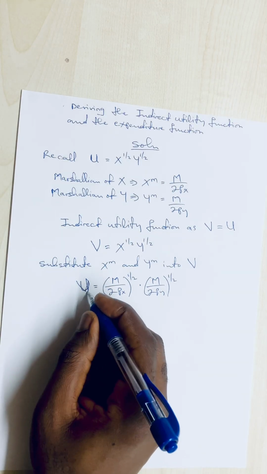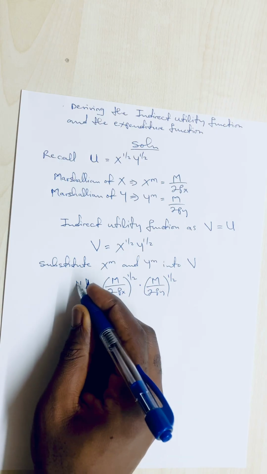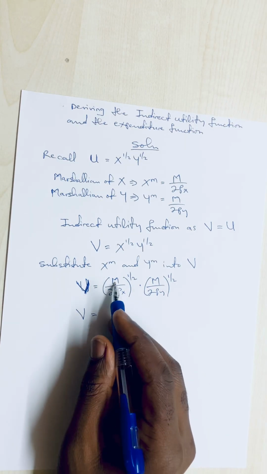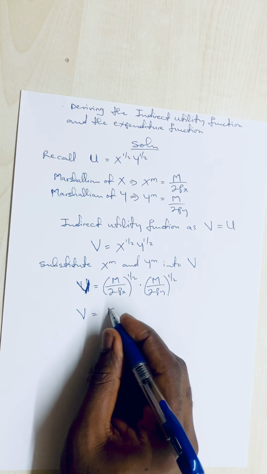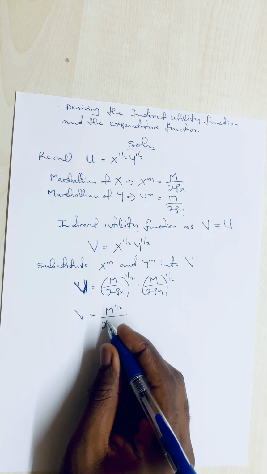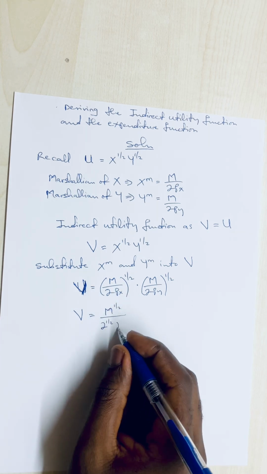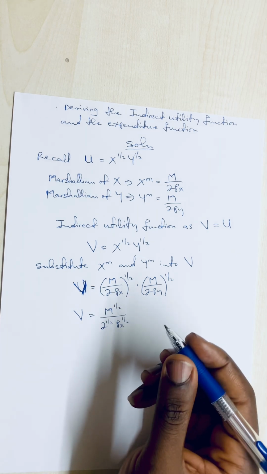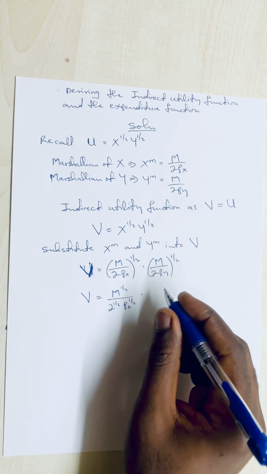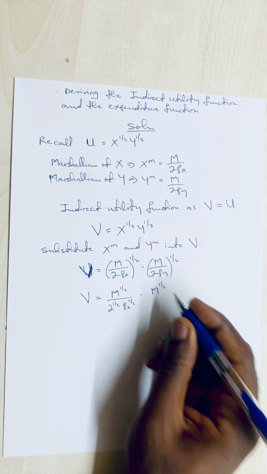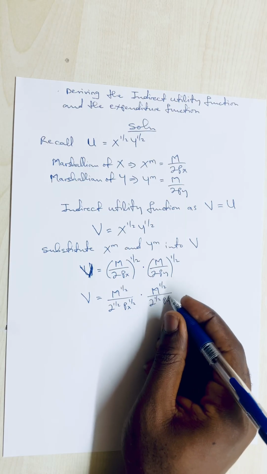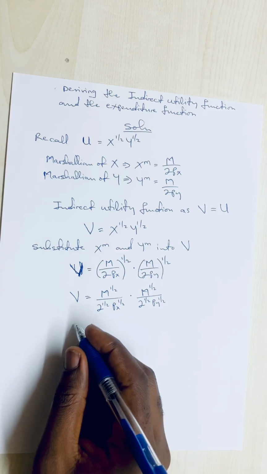But this should be V rather, not U anymore. So this gives you V is equal to M half over 2 raised to half, px raised to half, you can also say the square root of them, times M raised to half over 2 raised to half py raised to half.